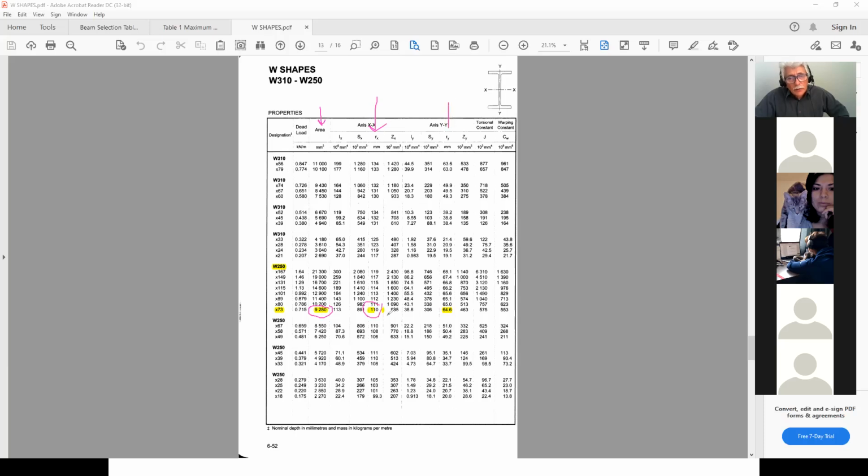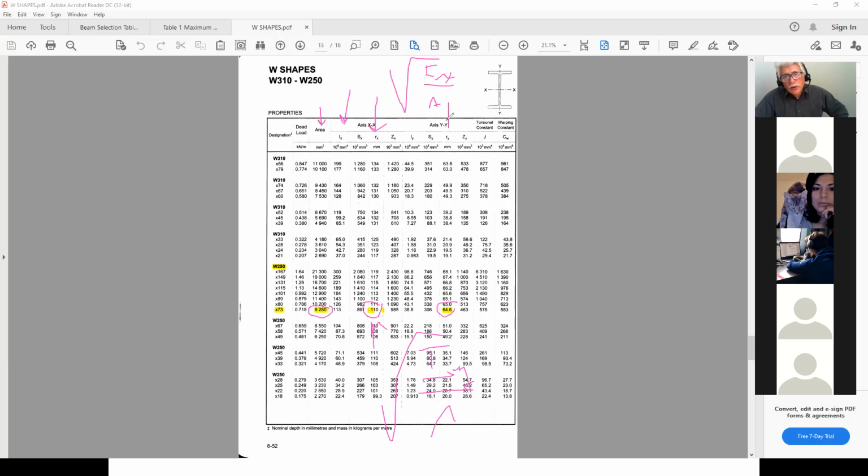And remember, if you take the moment of inertia Ix and take the square root of Ix over A, that will give you the value of Rx. And if I take the square root of Iy over A, that will give you the Ry value.